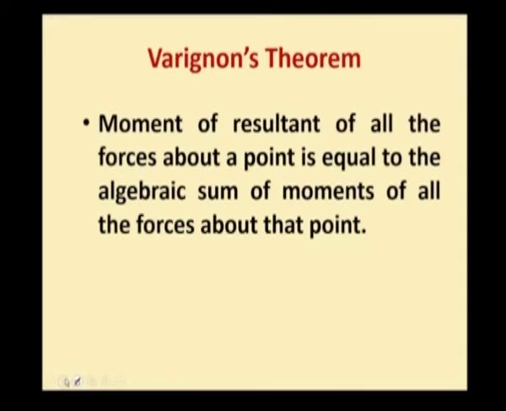According to Varignon's theorem, moment of the resultant of all the forces about a point is equal to the algebraic sum of moments of all the forces about that point. Now, let us consider two forces meeting at a point.